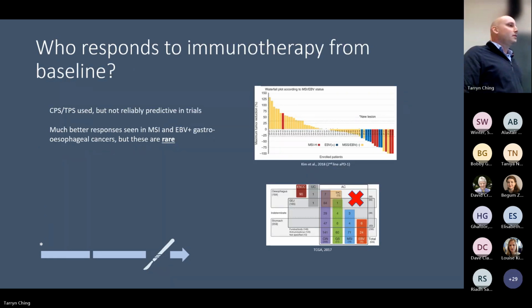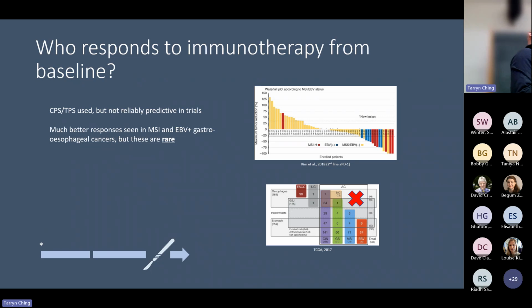So, starting at the beginning of that, characterizing tumours at baseline: who does respond to immunotherapy, which is coming online probably later this year or maybe next year as a standard of care neoadjuvant treatment for esophageal cancer. Currently, we use a couple of histological scores, but they are not reliably predictive in the trial data that we have.